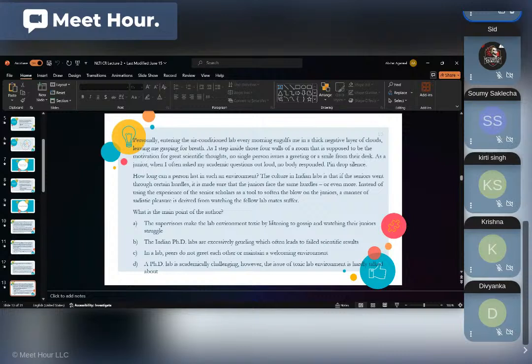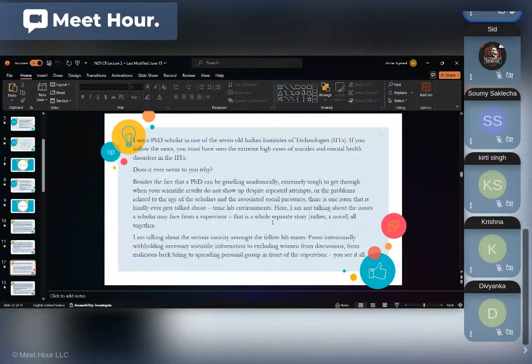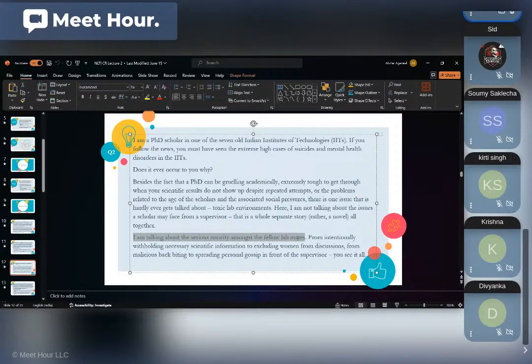Supervisors make the lab environment toxic by listening to gossip, and so on. Okay, the author does talk about toxicity. And if you read this line here, I am talking about the serious toxicity amongst the fellow lab mates.